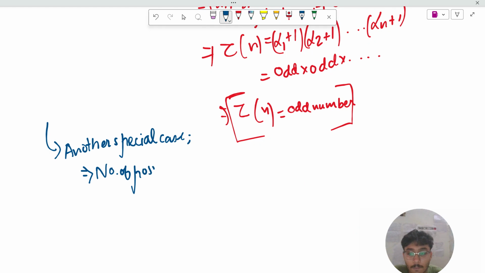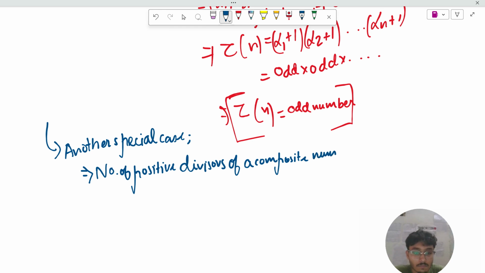Number of positive divisors. It is basically denoted by sigma n. I will be changing my color to red.